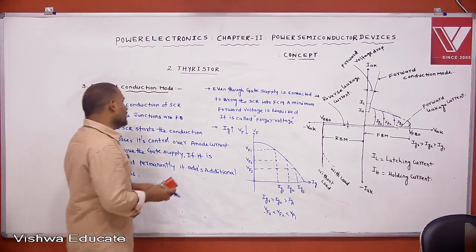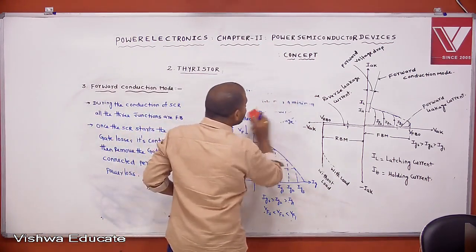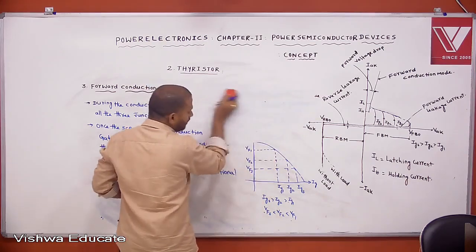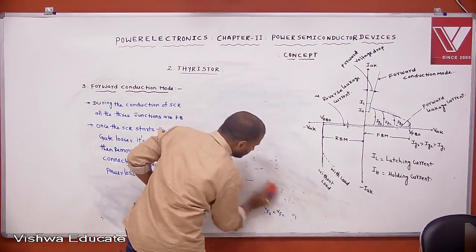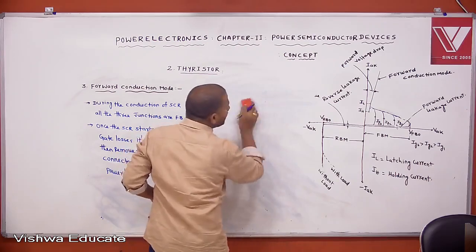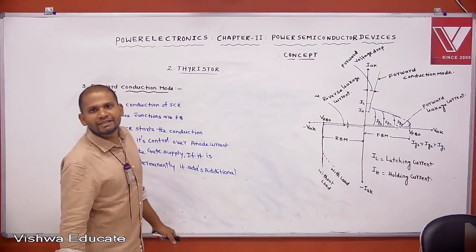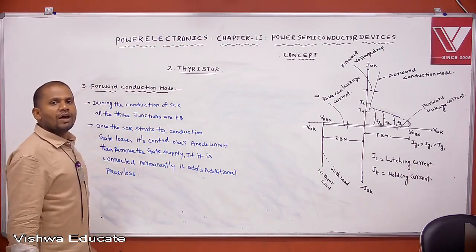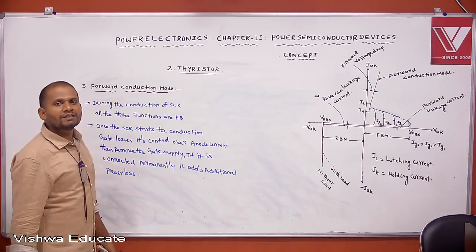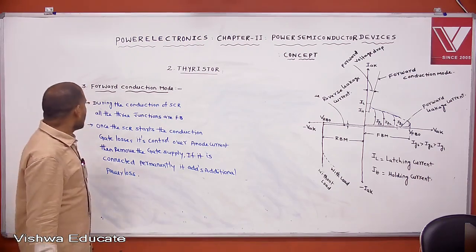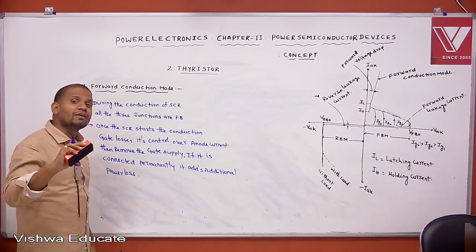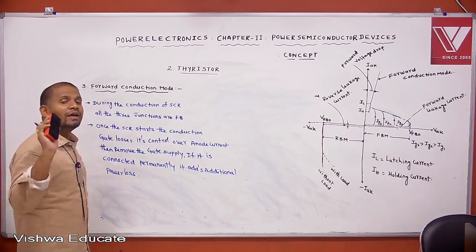But a point to remember: at the time of removing the gate supply, the current through the SCR must reach a minimum value of current. Very important concept. SCR starts the conduction, the gate loses its control, so no use of gate supply, remove it. But at the time of removing the gate supply, the anode current through the SCR must reach a minimum value.